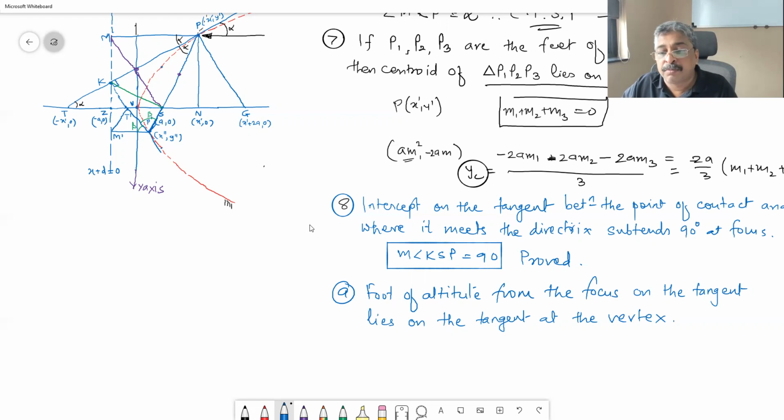Foot of altitude from the focus on the tangent lies on the tangent at the vertex.